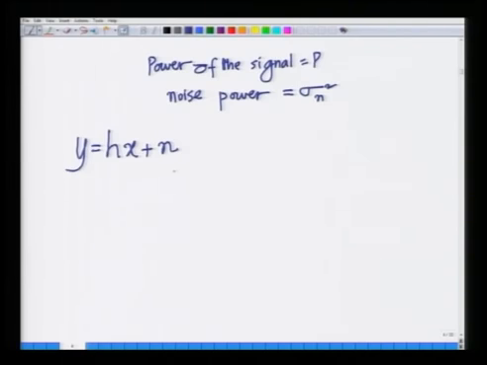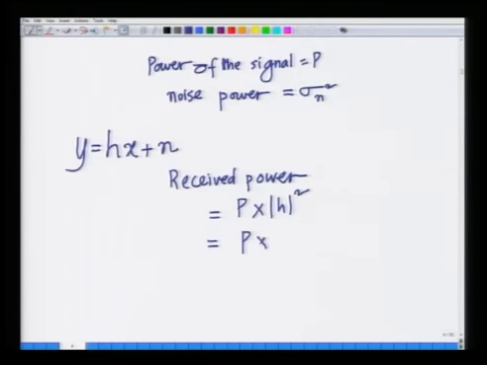So, the received power in a wireless communication system is simply the transmitted power P times magnitude of h square, where h is the fading coefficient, and this we know is simply P times a square. The received power is transmit power times the gain of the channel. The gain of the channel is magnitude h square, which is simply a square.